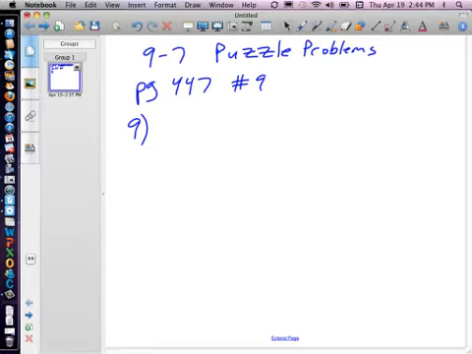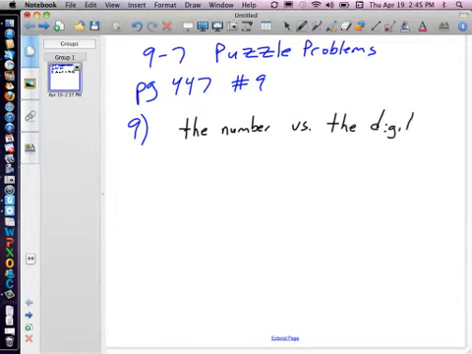Okay. So a couple important things to note when you're reading something like that is the number versus the digit. These mean very different things, and you need to make sure you understand the difference between them.